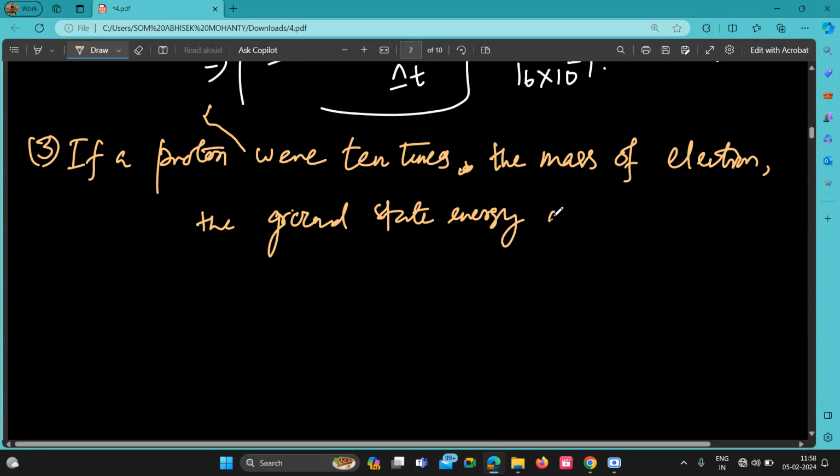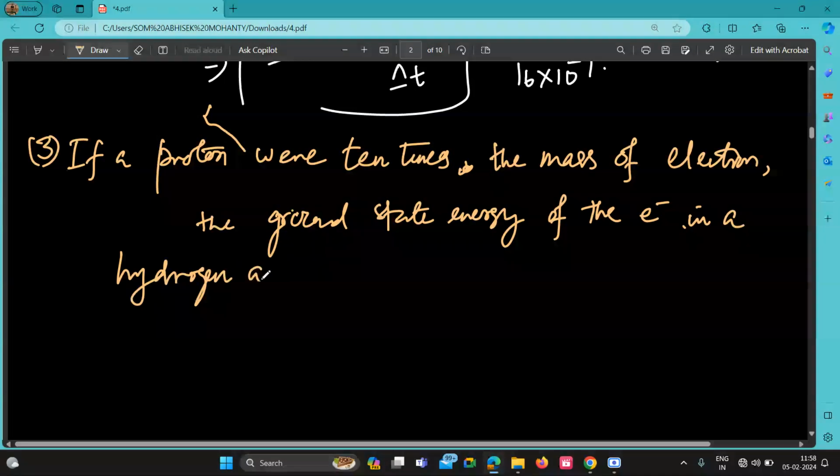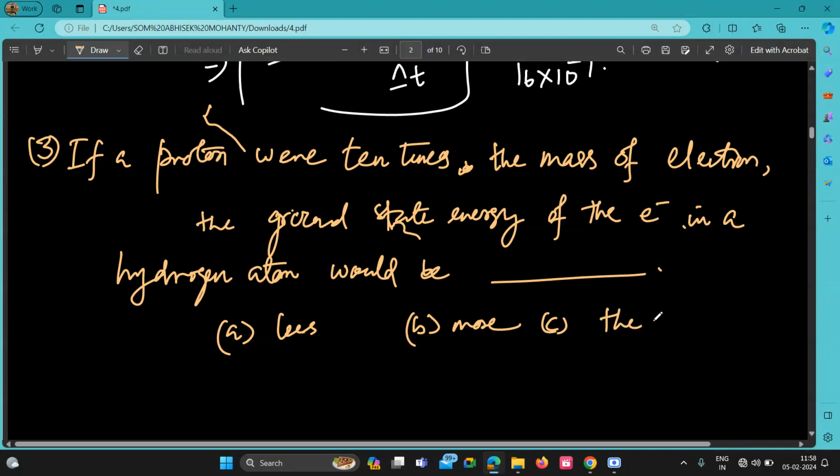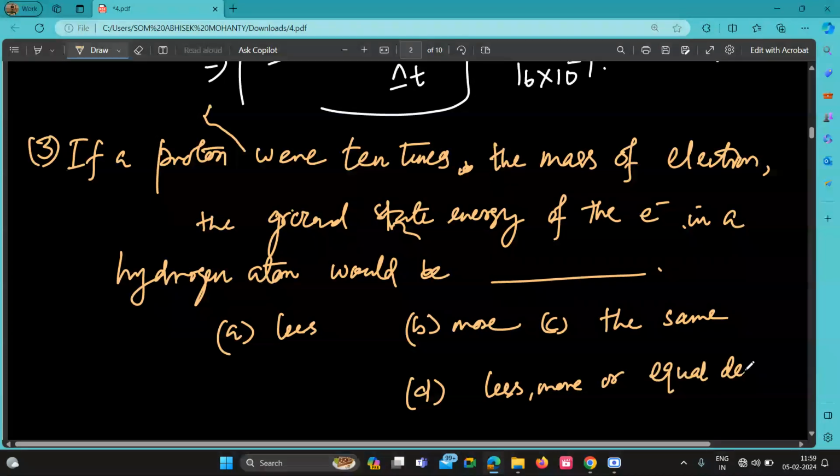the ground state energy of the electron in a hydrogen atom would be: option A, less; option B, more; option C, the same; option D, less, more, or equal depending on the electron mass.